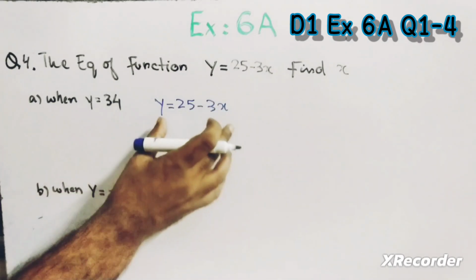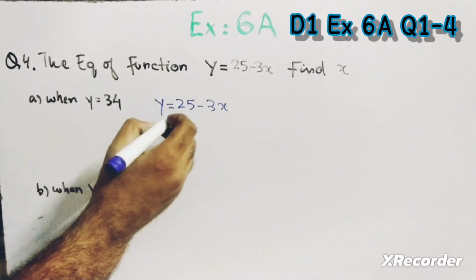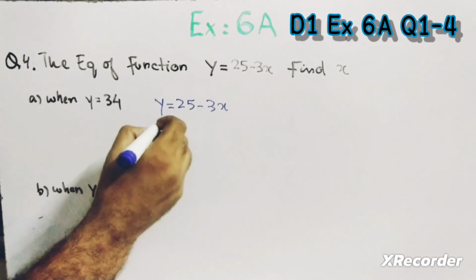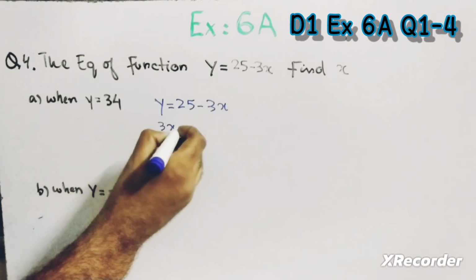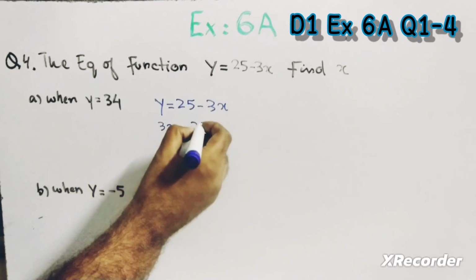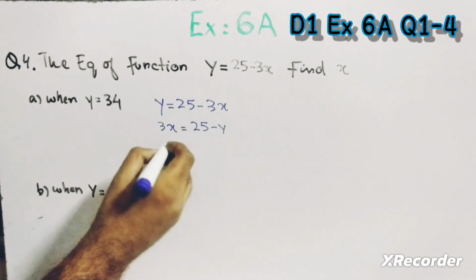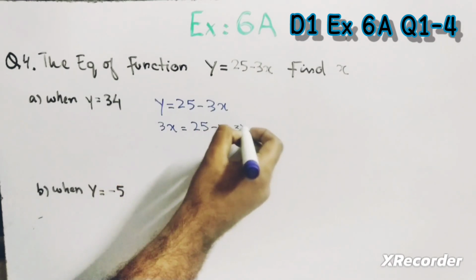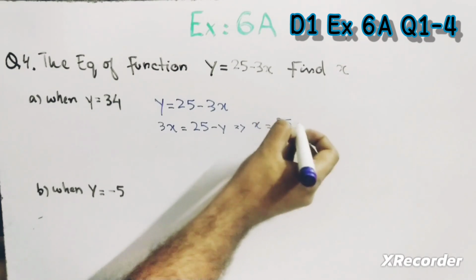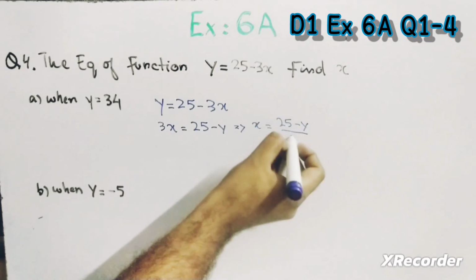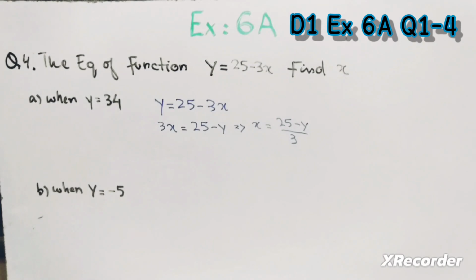So we can rearrange this equation: x is equal to 25 less y, upon 3. From part A, y is equal to 34. So we put the value of 34 here.